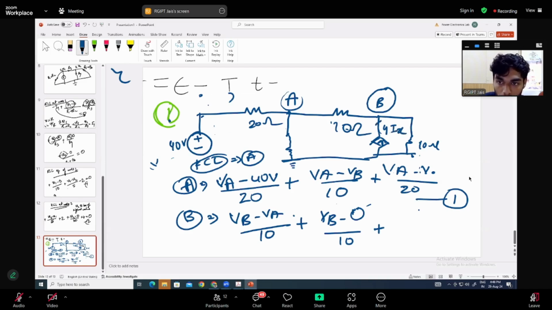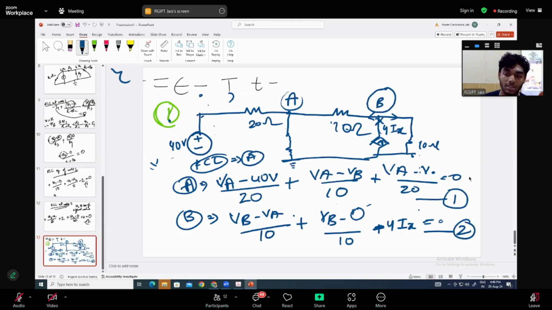This is in the opposite direction to the one we are following, so we have to take minus 4Ix is equal to 0.